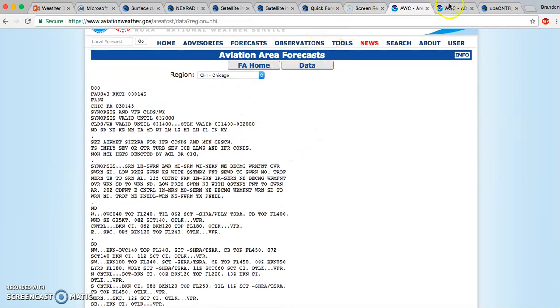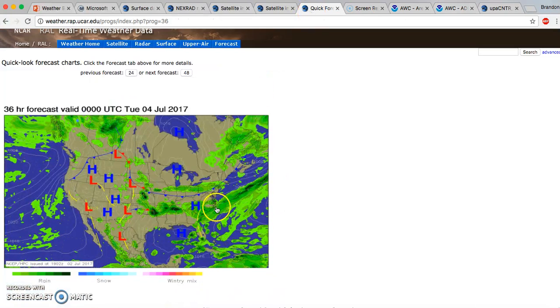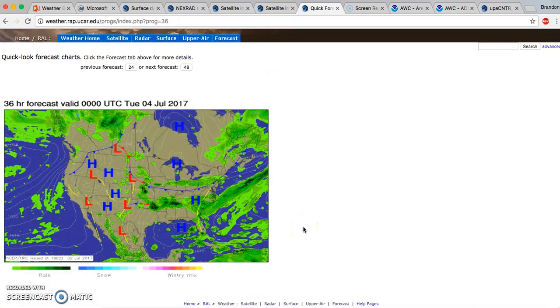If we now look into our future, you can see our high pressure system is going to eventually move off to the east, and that's going to allow the stationary front to weaken. It should probably still be a stationary front, but it's going to move closer towards us than before.